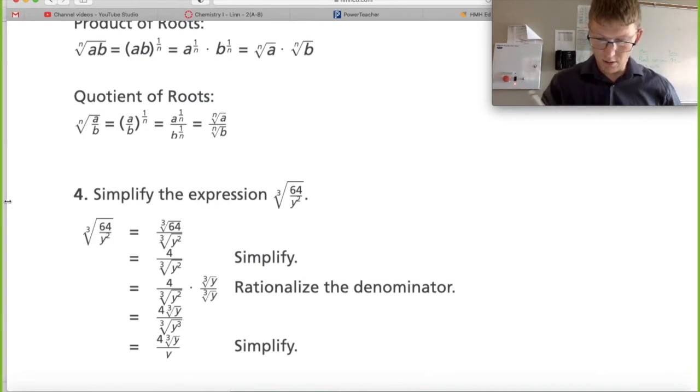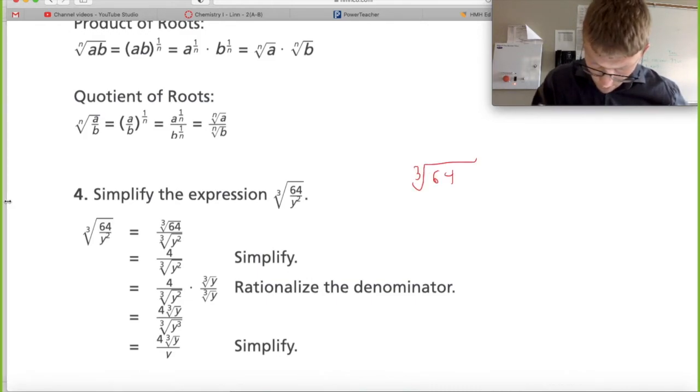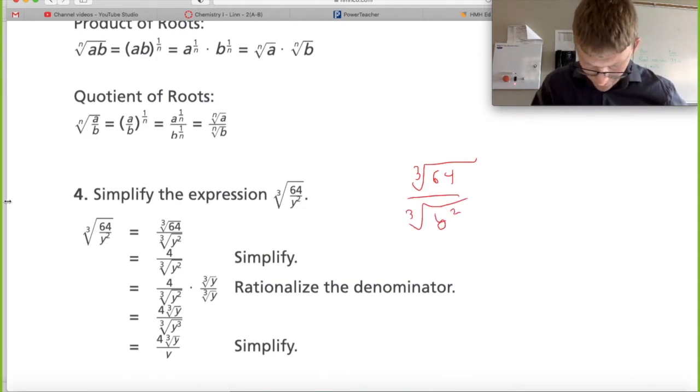So we start with our given. We can do the cubed root of 64 over the cubed root of y squared. So the cubed root of 64, I'm just going to cheat. I'm going to look here, is 4. I saw it right there. So then we can make that top part, just call it 4.